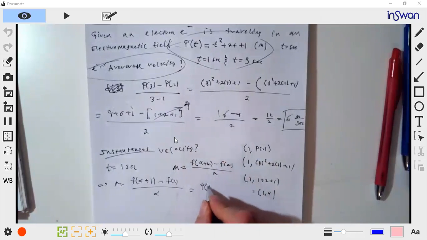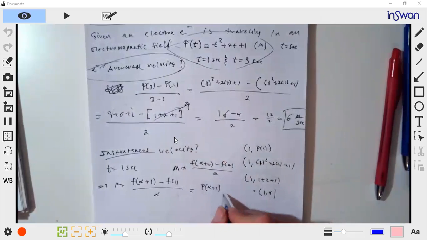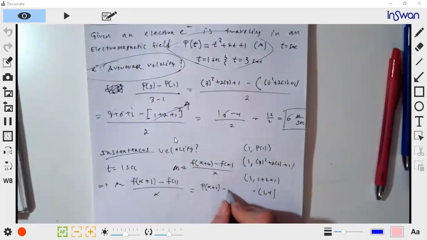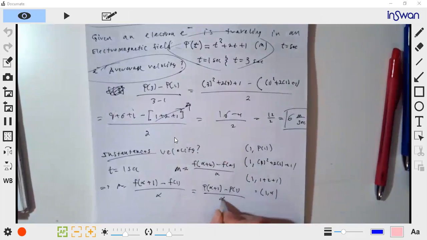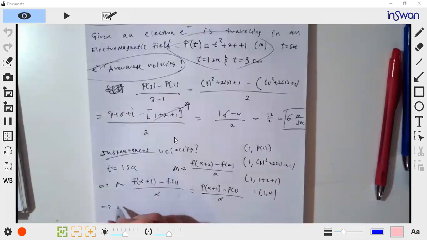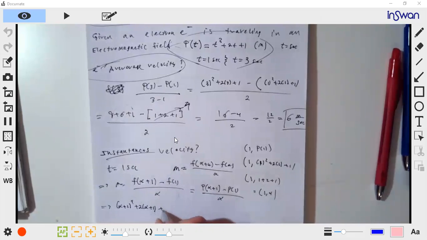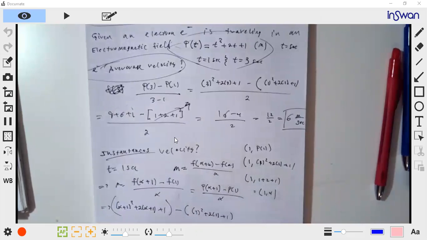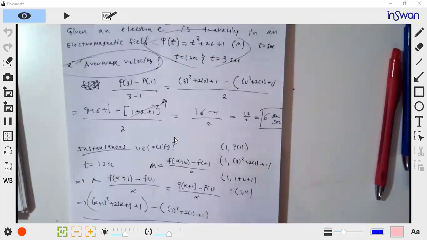So this is p of alpha plus 1 minus p of 1 all over alpha. This implies we get alpha plus 1 squared plus 2 times alpha plus 1 minus 1 squared plus 2 times 1 plus 1, everything over alpha.